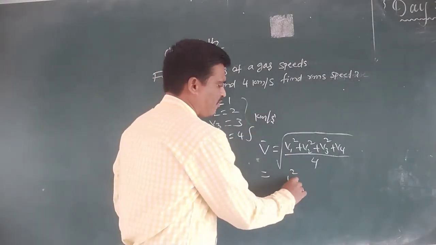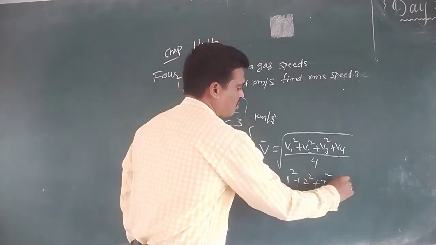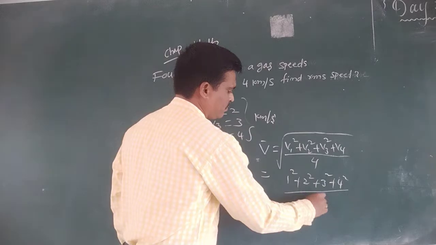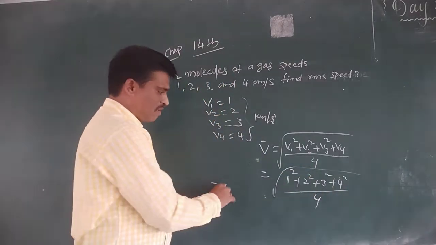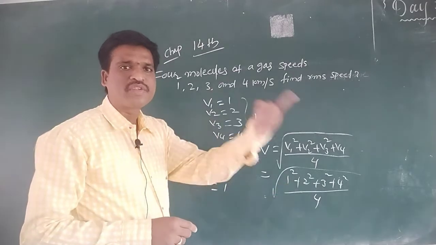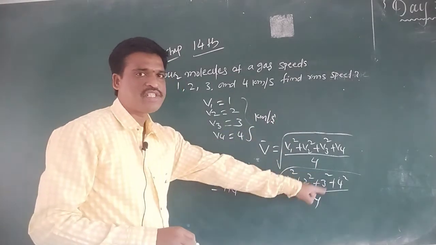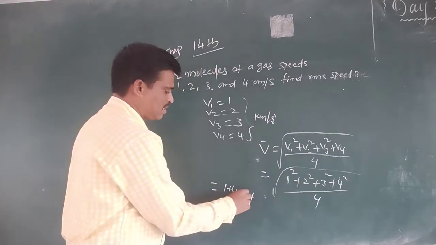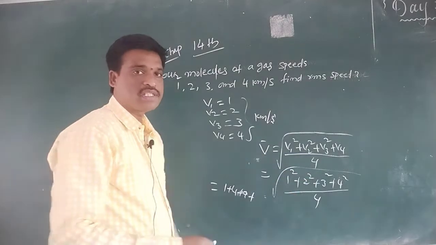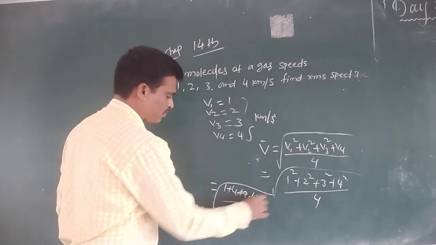So, 1 square plus 2 square plus 3 square plus 4 square by 4 under root. 1 square is nothing but 1. 2 square is how much? 4. 3 square is how much? 9. Plus 4 square is 16, by 4.